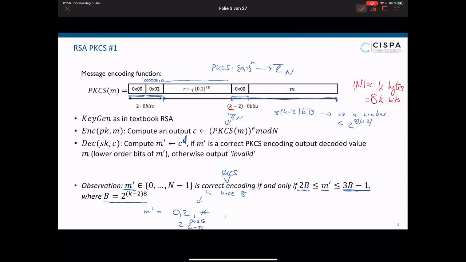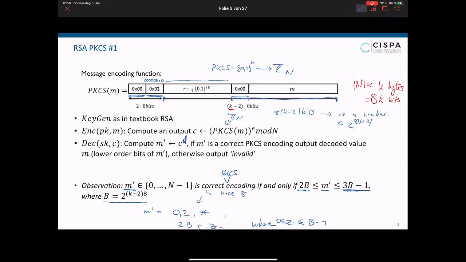So this is just 2 times B plus something, the lower order bits. And of course, we know that the lower order bits, as a number, are smaller than B. Let's call it Z, where 0 is smaller or equal to Z, which is smaller than B minus 1.